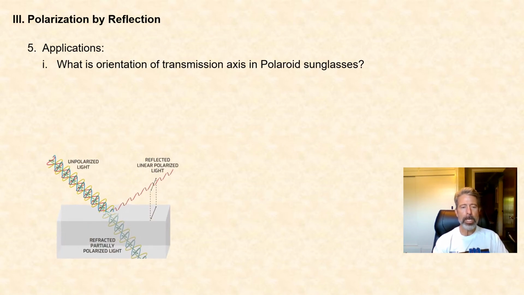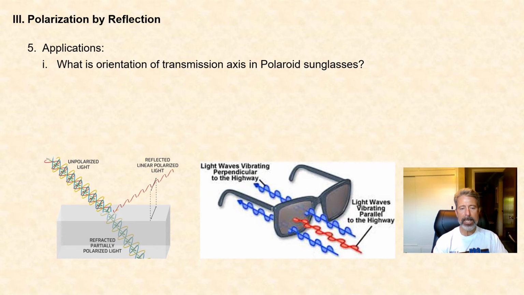So if what we're saying is that it is that parallel component of the light that gets polarized by reflection, then when we look at the reflected beam off of that smooth surface, whether it's water or snow, a non-metallic surface, if it's the parallel component that is strongly reflected, then it would make sense that to eliminate that parallel component, we would want our polarization axis, the transmission axis, to be in the vertical direction to eliminate that parallel component.